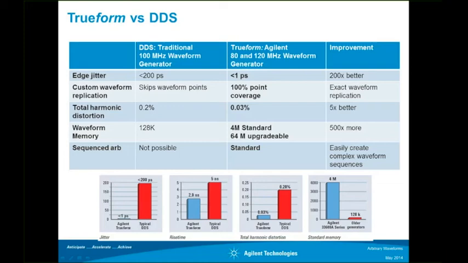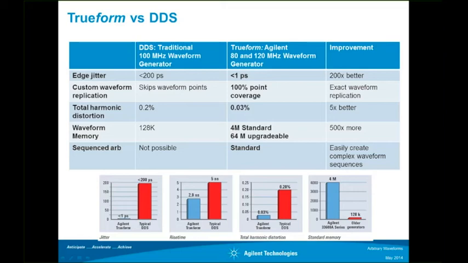As a real-world example of that, I simulated a song file that was about 5.5 minutes long, and this song file turned out to be about 11 megasamples. So I can easily output that with my Trueform generator. But out of that 5.5 minutes, if I only had 128 kilosamples of memory, I would only be able to output 3 seconds out of that song.